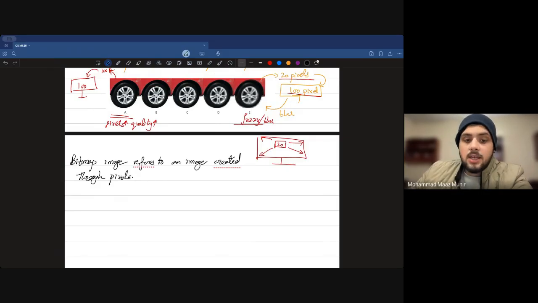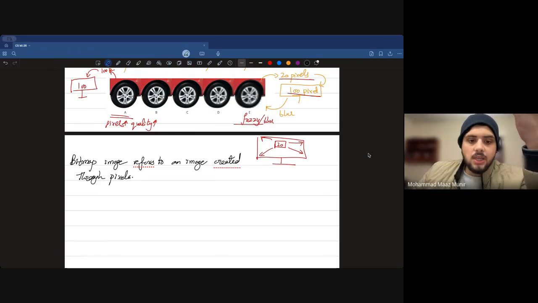Yes, there is one other type of image in which they do not use pixels, they use geometric shapes, but that's not discussed at your level. That is something which, if you plan on taking A level computer science, in AS you're going to be studying vector images, right? So for now, just know that if in the exam they ask you to define bitmap images, they are images created through pixels, or I can also say that bitmap images are made up of pixels.